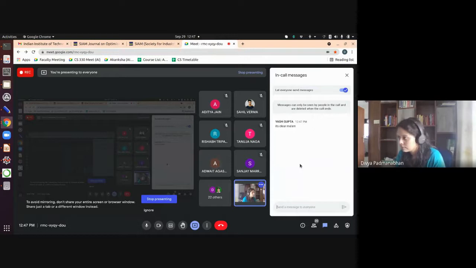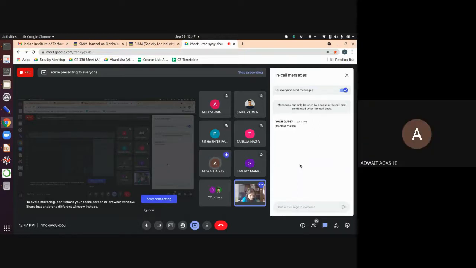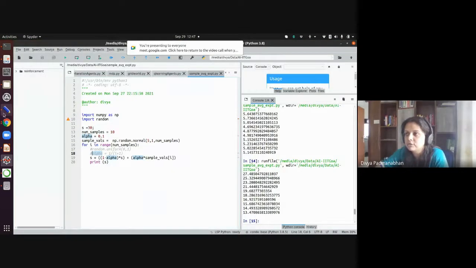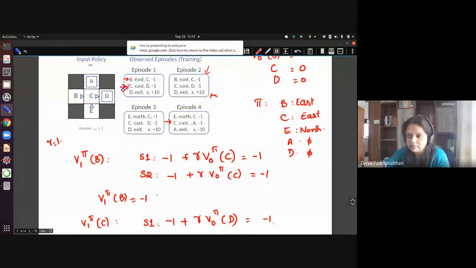In this process, initially we run multiple episodes to get samples, and then keep updating value based on the samples till convergence. Yes, you get all the samples first, and then you do these updates.